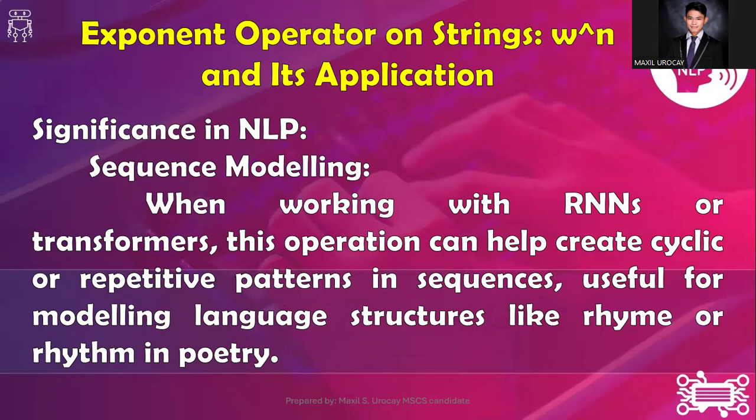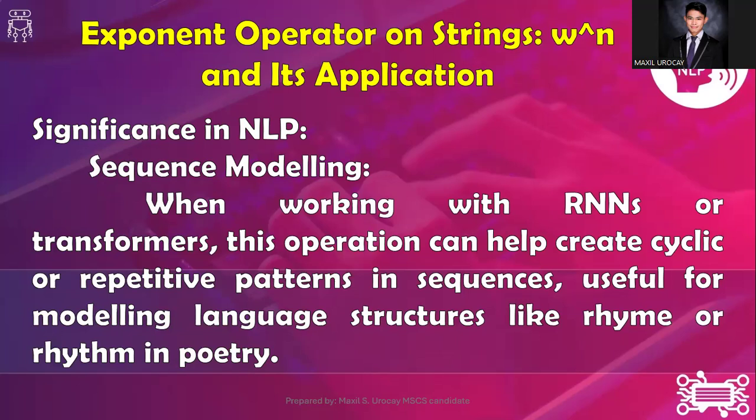So in sequence modeling, when working with those models, repeating sequences or patterns can really help capture cyclic or repetitive structures in language, which is especially useful for tasks like rhyme or rhythm, and for stylistic elements like song lyrics or dialogue generation, that will enable the model to generate more natural and contextually relevant outputs.